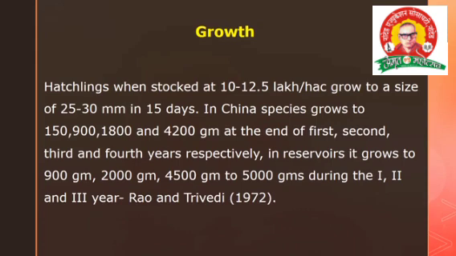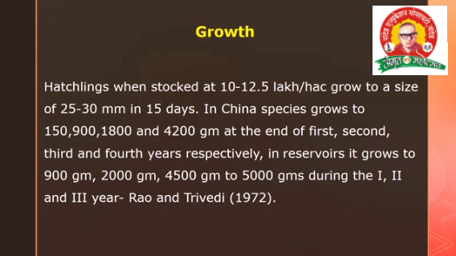In the second year it grows 2000 grams means near about 2 kg. In the third year 4500 means 4.5 kg. In the last year 5000 grams means 5 kg. This was found in Indian reservoirs by Rao and Trivedi in 1972.